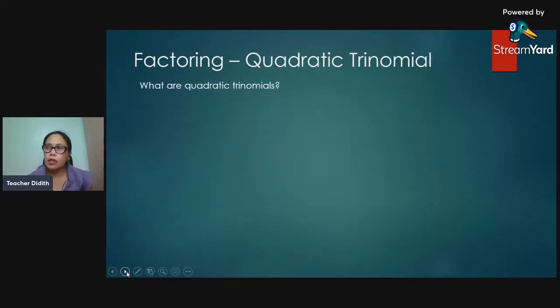So my question here is, how can you describe quadratic trinomial? Anyone can participate. You can comment your idea on your description as regards to quadratic trinomials. So just type in your comment. And for you to have the idea, these are examples of quadratic trinomials.